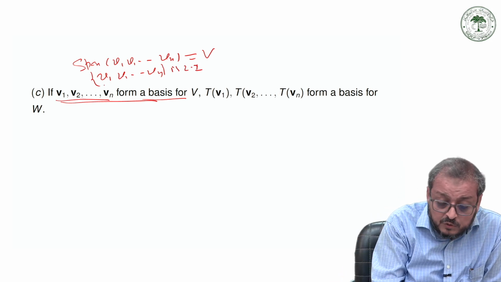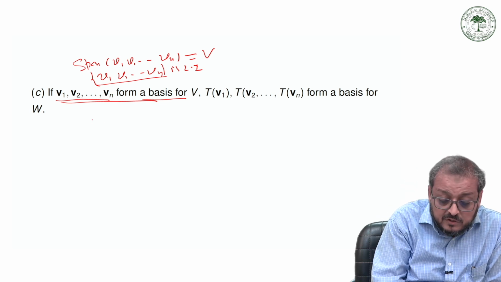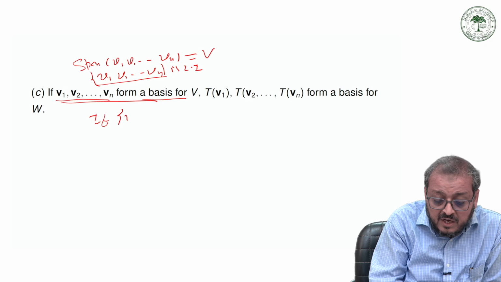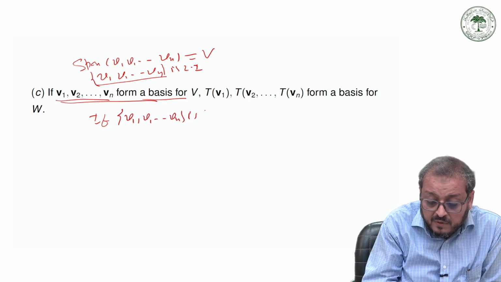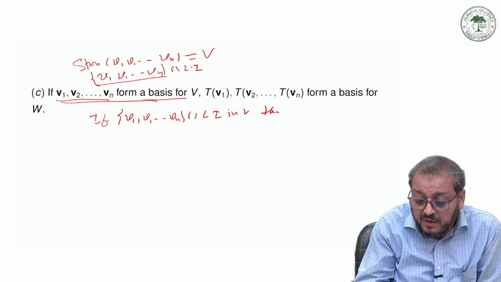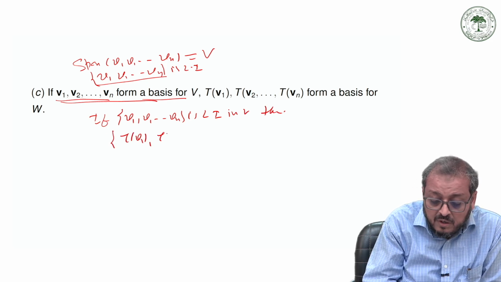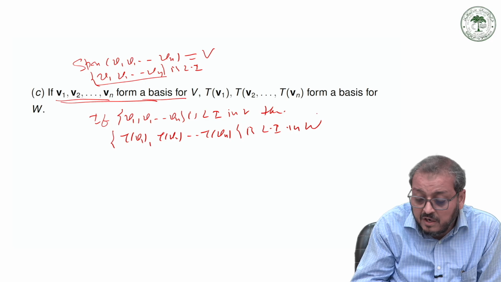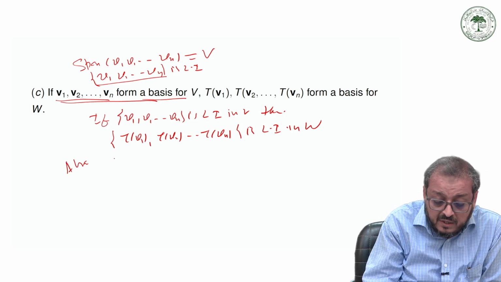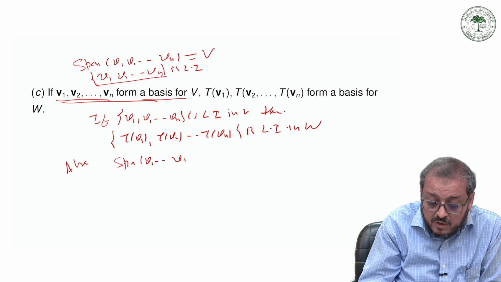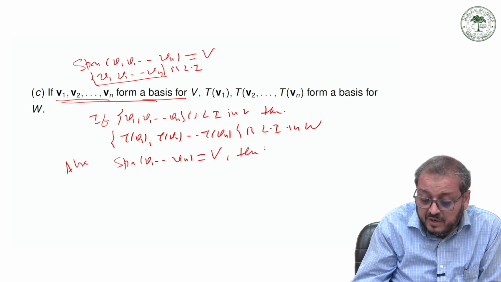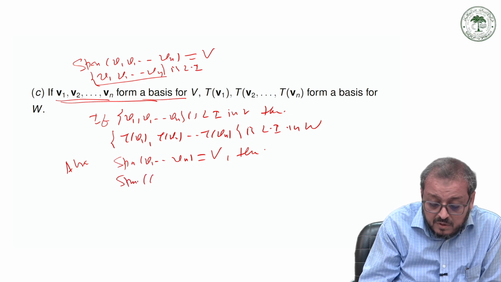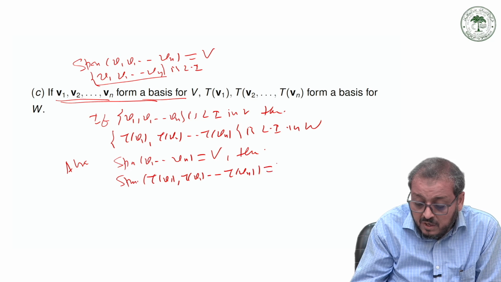From part 1, we have already proved that if V1, V2, up to Vn is linearly independent in V, then T of V1, T of V2, up to T of Vn is linearly independent in W. And by part 2, if the span of V1 up to Vn is equal to V, then the span of T of V1, T of V2, up to T of Vn is equal to W.